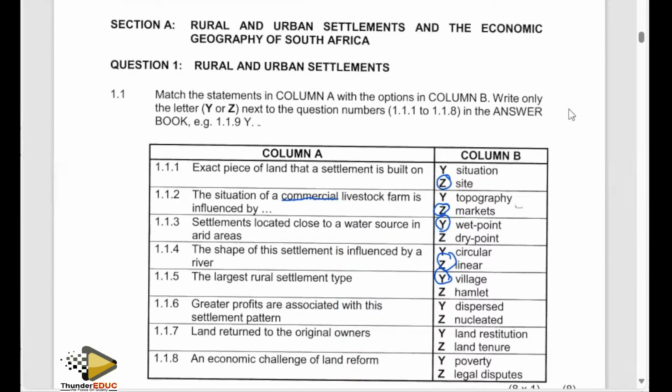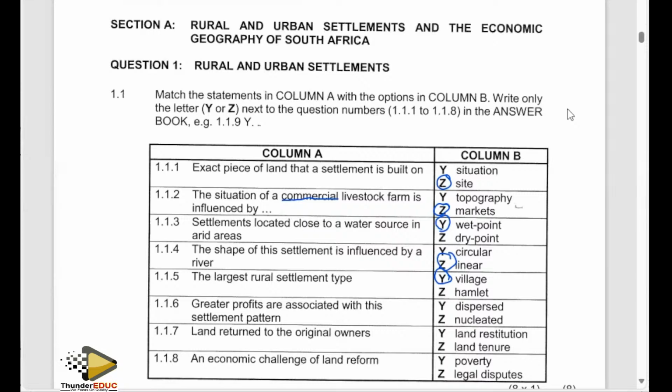To move on to the next question, greater profits are associated with this settlement pattern. We are looking at profits here. Which one gets more profits? We are looking at a dispersed and a nucleated. With a dispersed, the farmer is located away from others on his or her own piece of land, doing his or her own production.